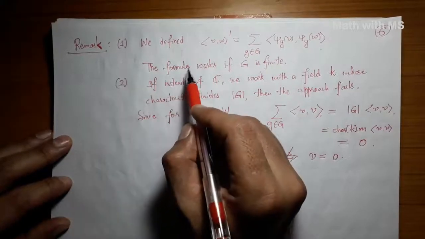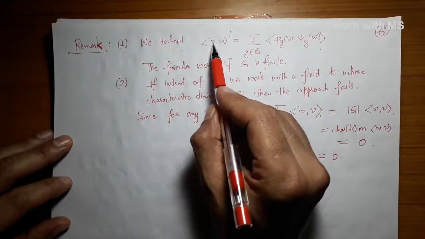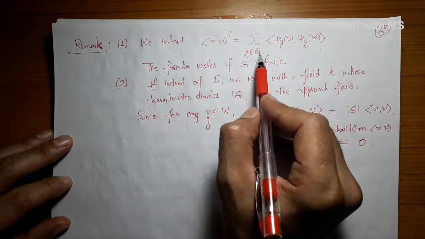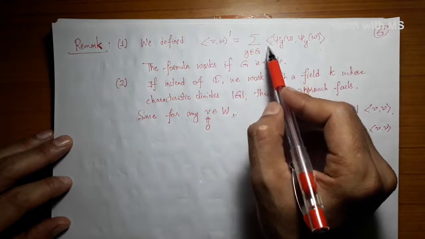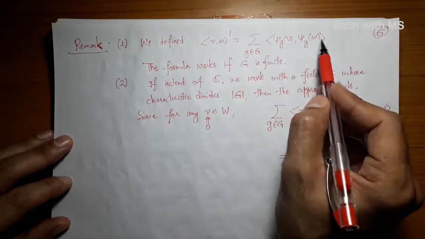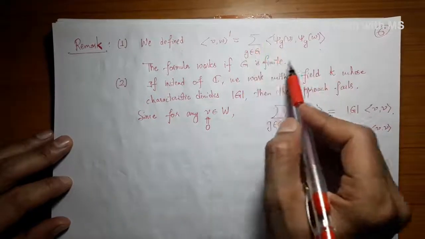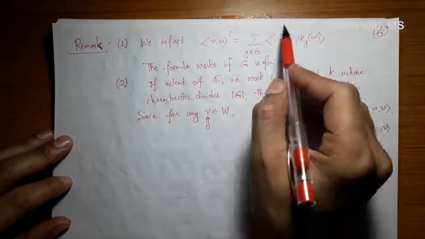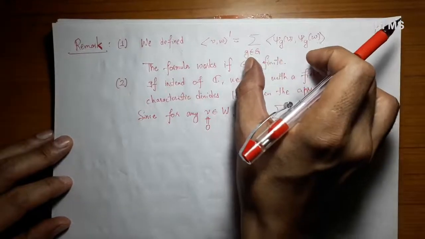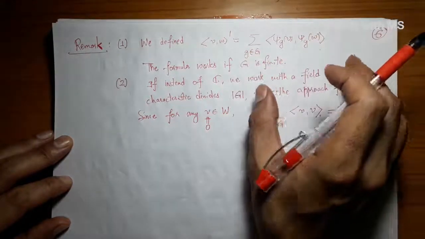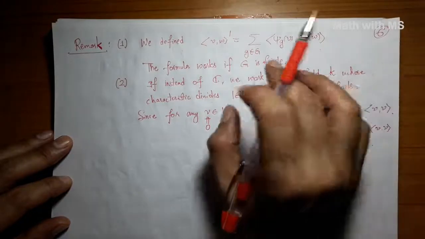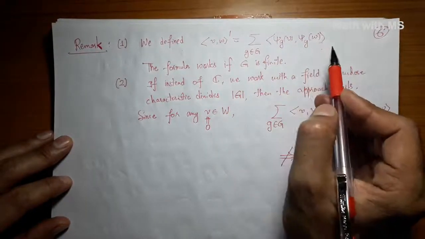Comment number 1. We define the new inner product (v, w)' equal to the summation over group elements of the standard inner product of psi_g v and psi_g w. This formula works if the group is finite, because then this is a well-defined complex number and everything makes sense. You can see you land in a problem if the group is infinite.